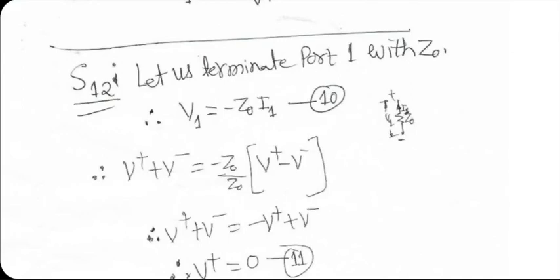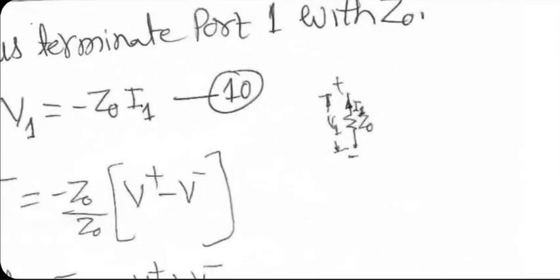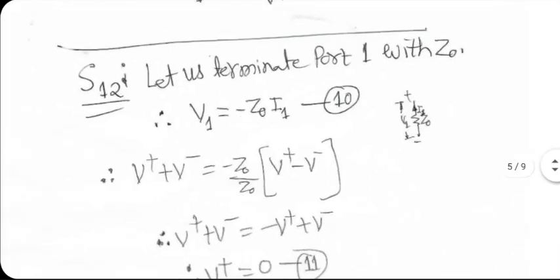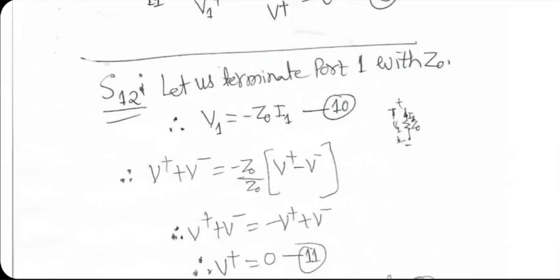For S12, you have to terminate port 1 with Z0. Port 1 had current going in, while Ohm's law says V1 equal to I1 Z0 with current going up. So keeping that in mind, I put the requirement now as V1 equal to minus Z0 I1.